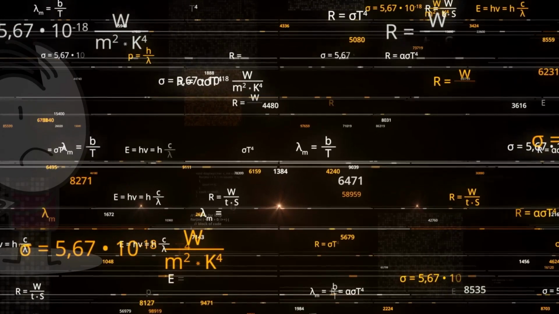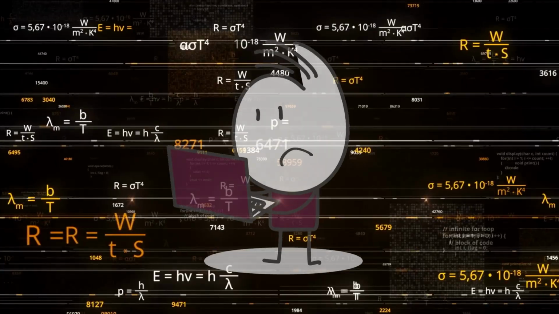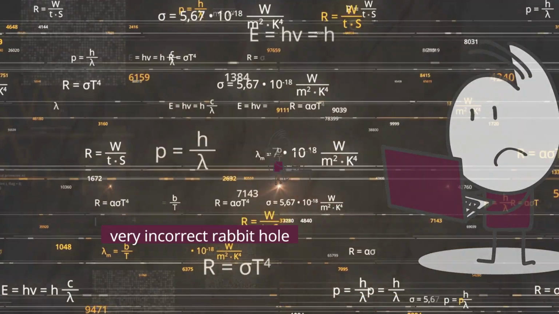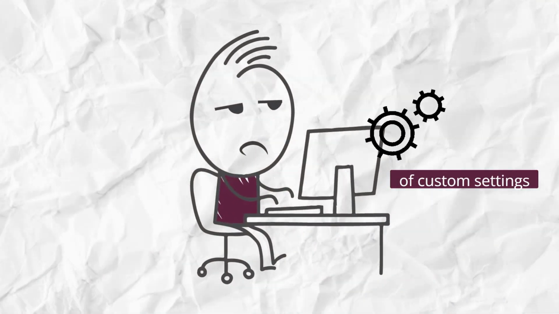And what followed was a long stream of instructions that took him down a very incorrect rabbit hole of custom settings that only made his problem worse. To fix it, we had to completely disconnect his domain and then start over on all his settings for both his domain and his email, which created a temporary disruption in his business because we had to reset everything.